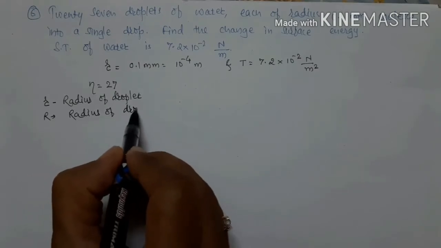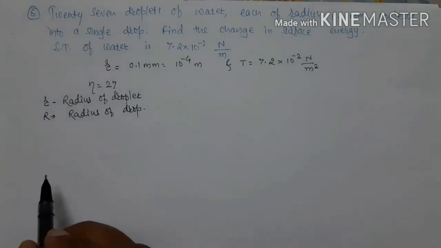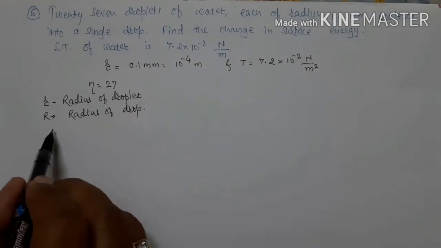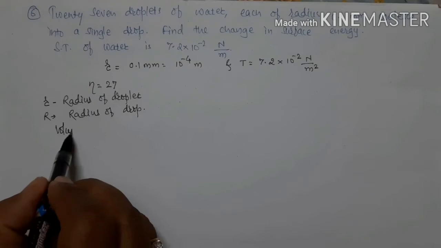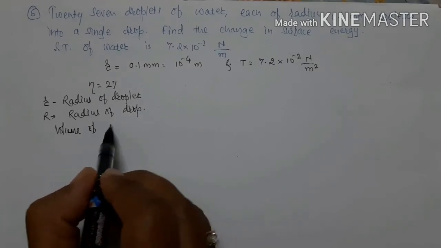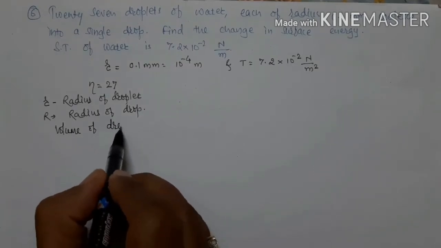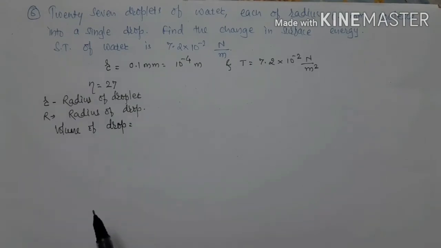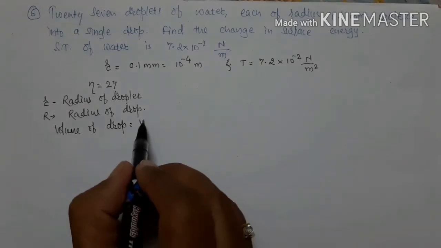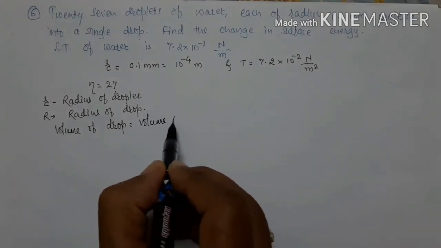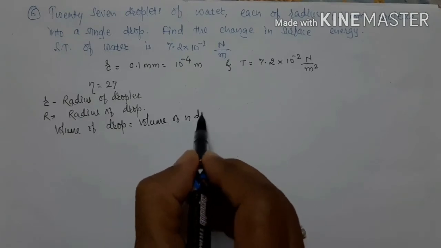As I said, when droplets combine, the volume remains the same. Therefore, the volume of the single drop formed is equal to the volume of n droplets.